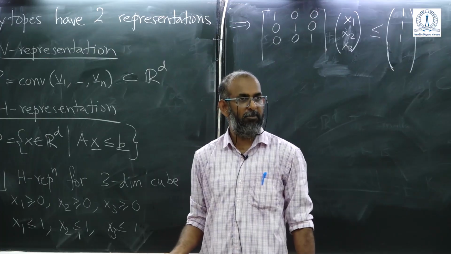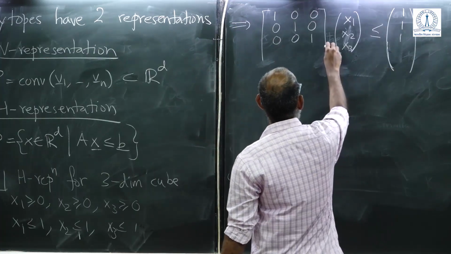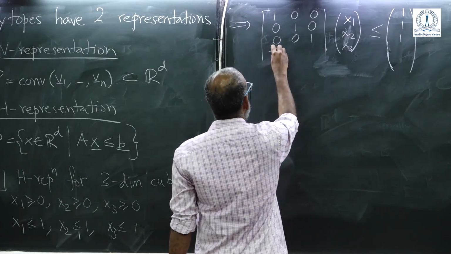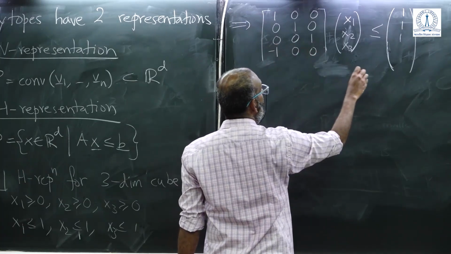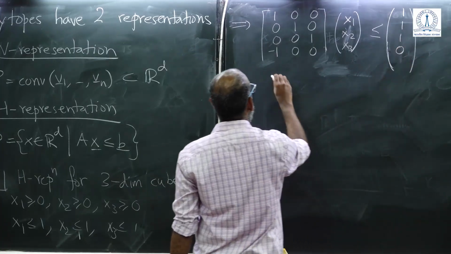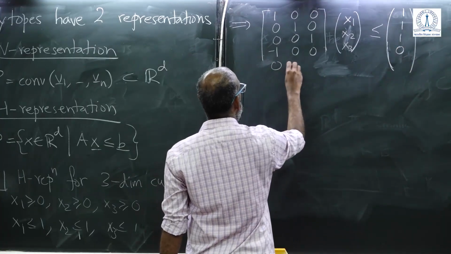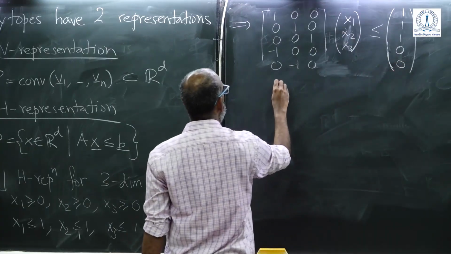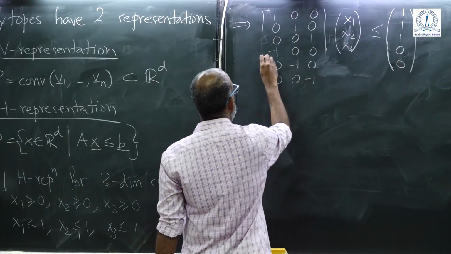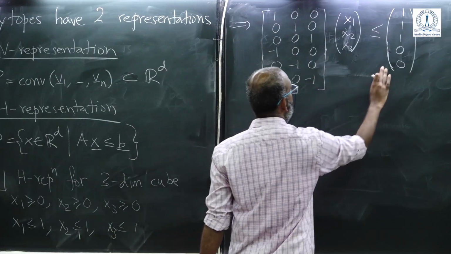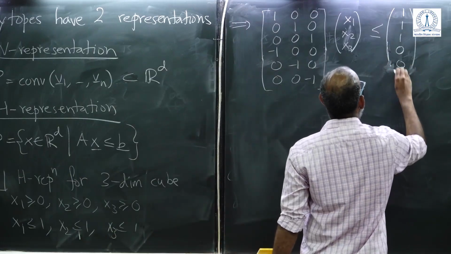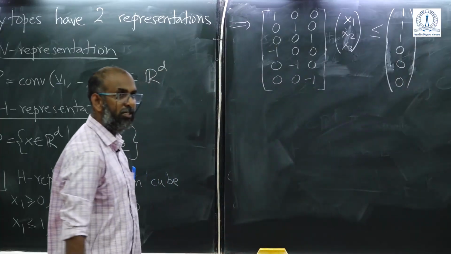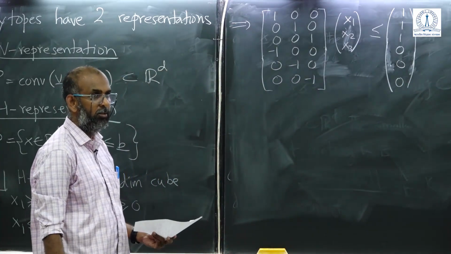So how do you say minus x1 less than or equal to 0? And similarly 0, minus 1, 0, that's minus x2 less than or equal to 0, and minus x3 less than or equal to 0. Okay, so this is the H representation for the cube.